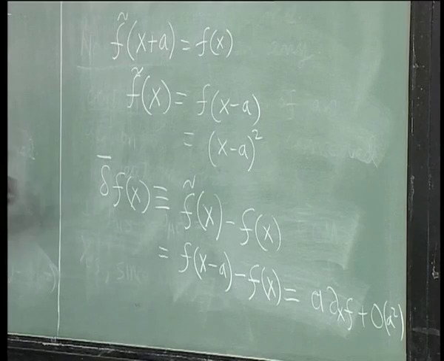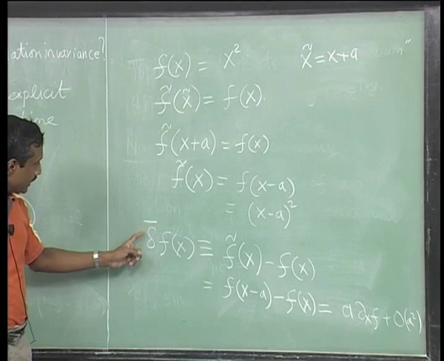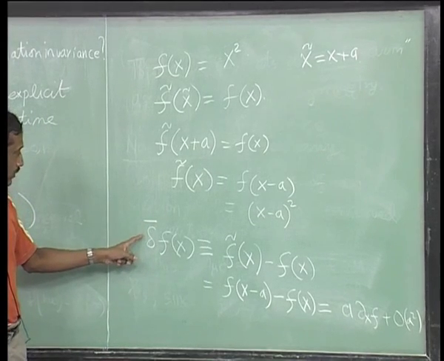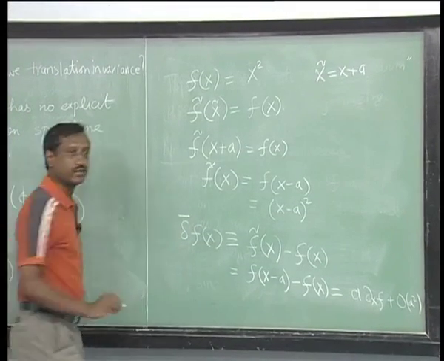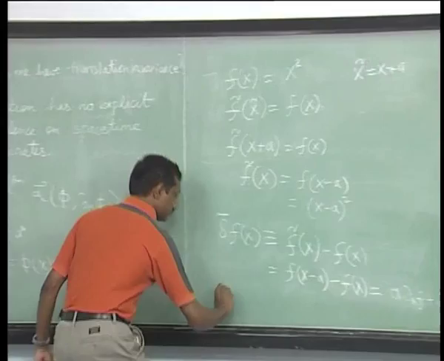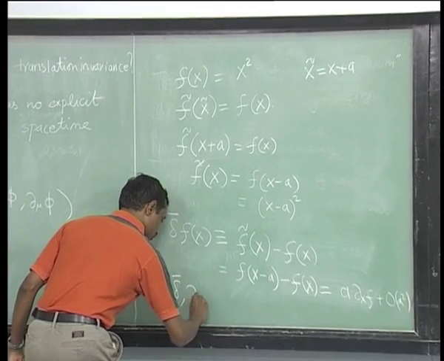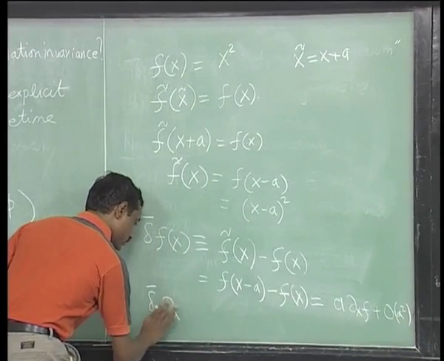Okay. So, as I pointed out yesterday, delta bar has the advantage that delta bar commutes with taking derivatives, in this case taking the derivative d by dx.